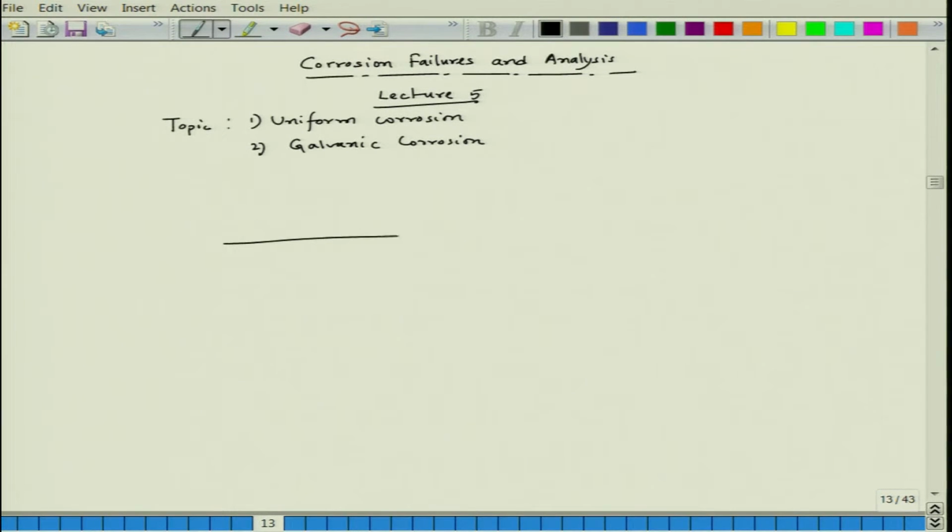So, if this is the surface, this is the droplet, and what we have seen is that initially, everywhere, we have both the reactions. This reaction as well as this reaction.